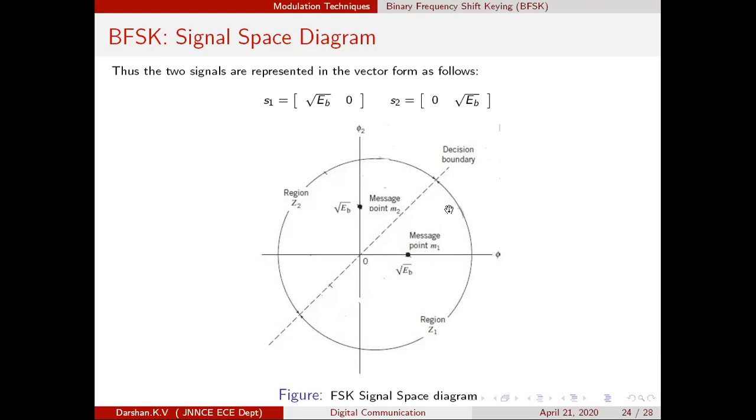I repeat, if the point falls in this region to the right side of the decision boundary, then the first coordinate value is greater than the second coordinate value. In other words, if x lies in the region Z1, then x1 is greater than x2. In contrast, if the received signal point falls in the region Z2, then x1 is less than x2. This knowledge has to be taken from the geometry.